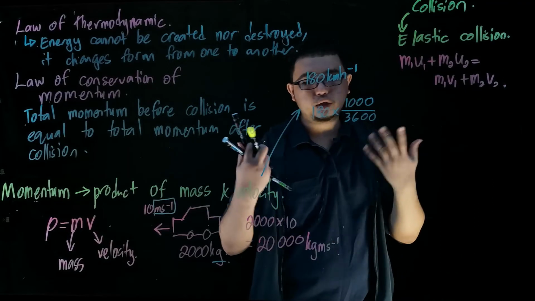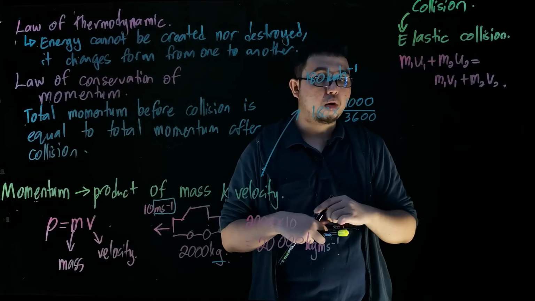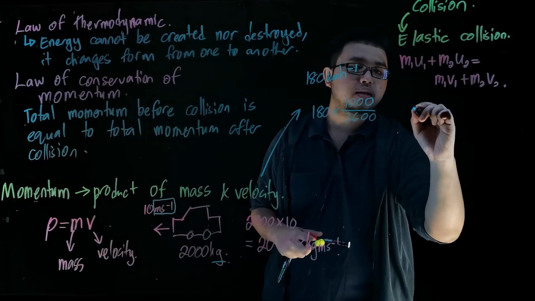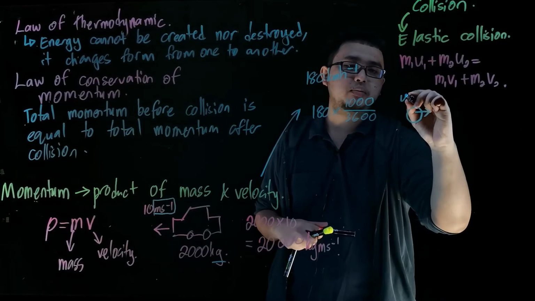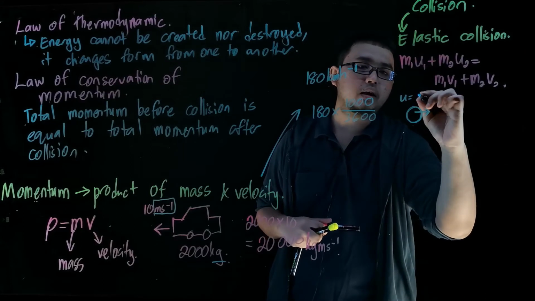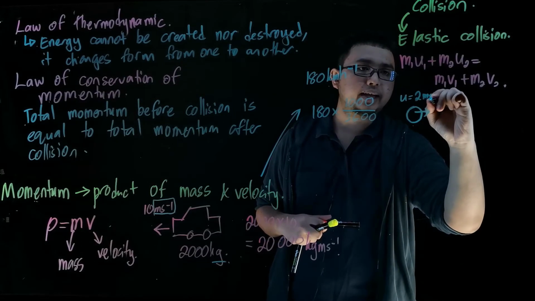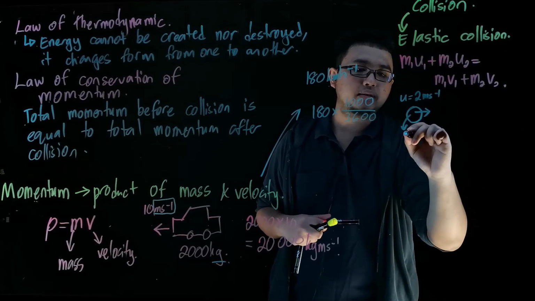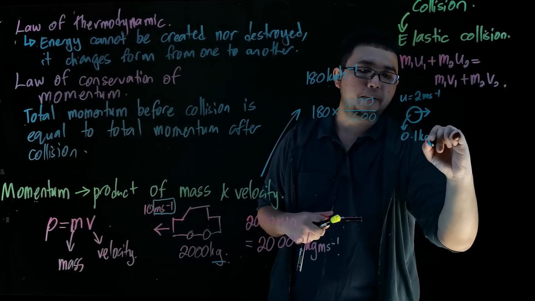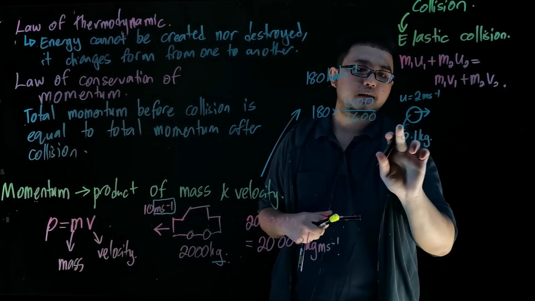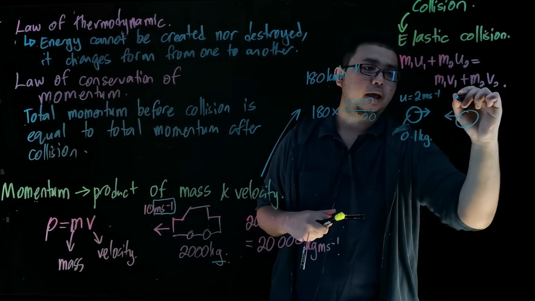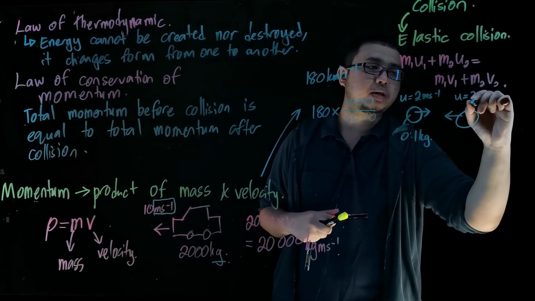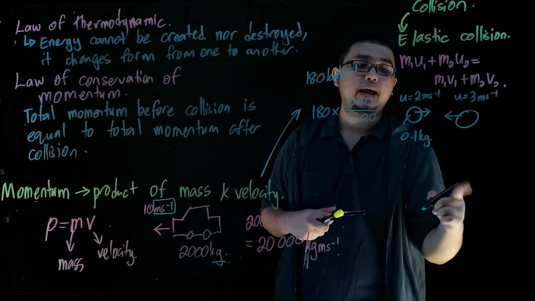So if I were to give it in the form of a diagram, let's say I have a ball moving with a velocity of 2 meter per second, having a mass of 0.1 kilogram, hitting another ball having an initial velocity of 3 meter per second.